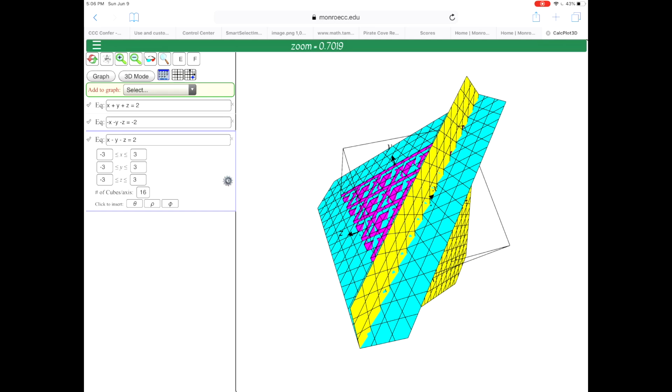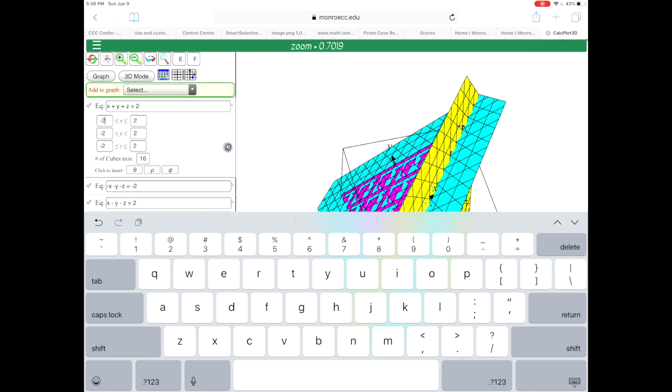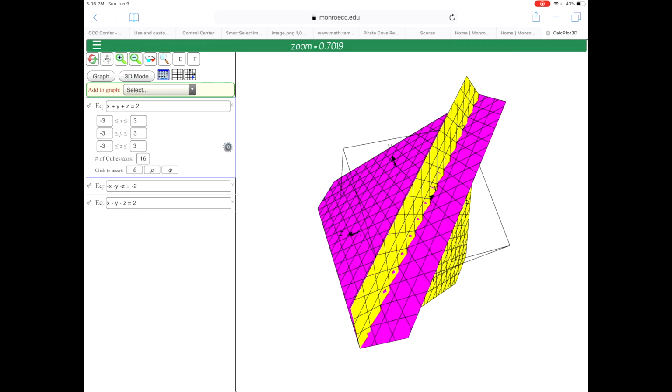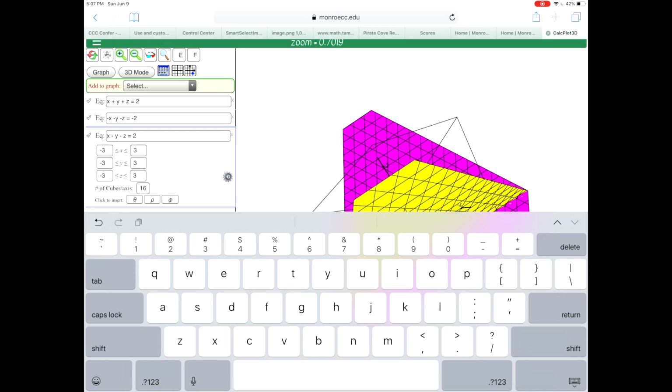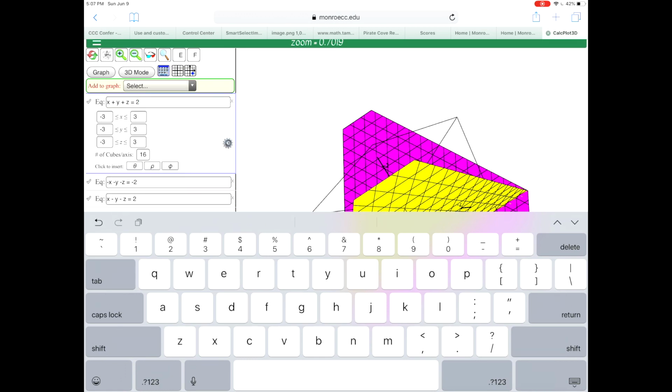And just so that we can see, what was this one set at? I'll have this one go to 3 as well, I guess. Three, and 3.